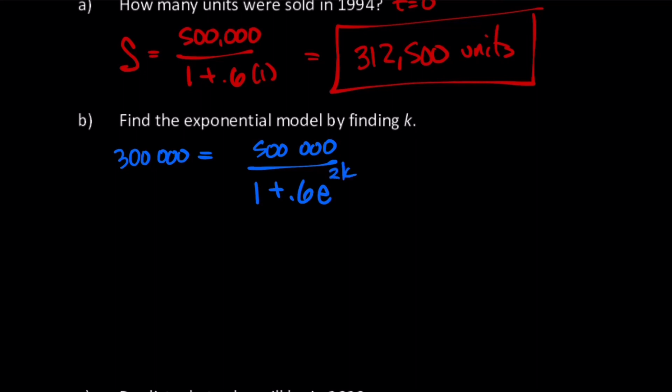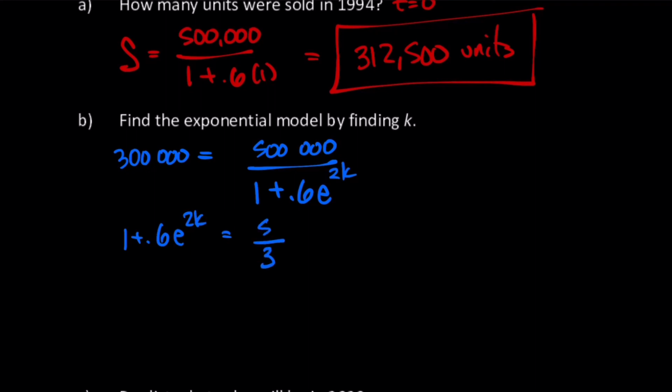The algebra here is pretty impressive. If you think about this proportion, you can interchange the means and extremes to save a little time. Think of this as being over 1. I'm going to swap these two out. So the 1 plus 0.6 e to the 2k will go up here, and the 300,000 will go down there. So 1 plus 0.6 e to the 2k equals 500,000 over 300,000, or 5/3.